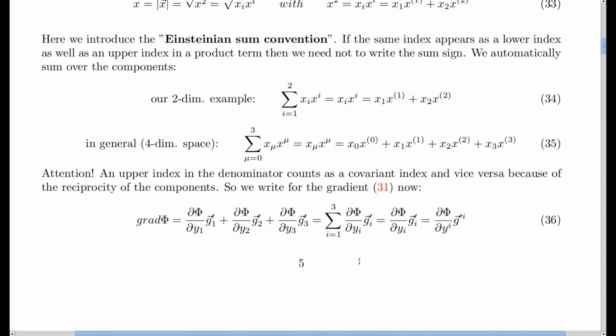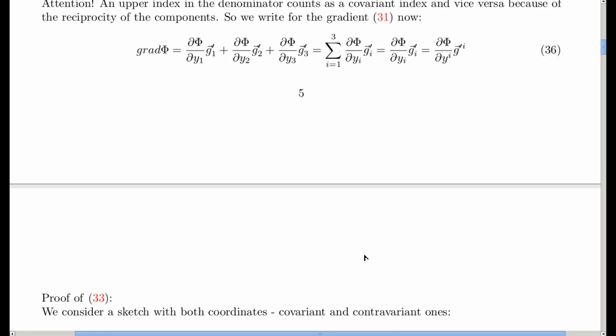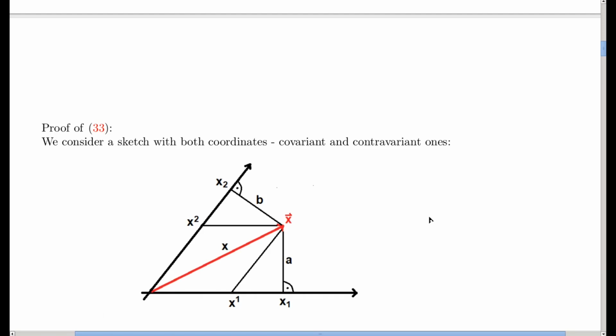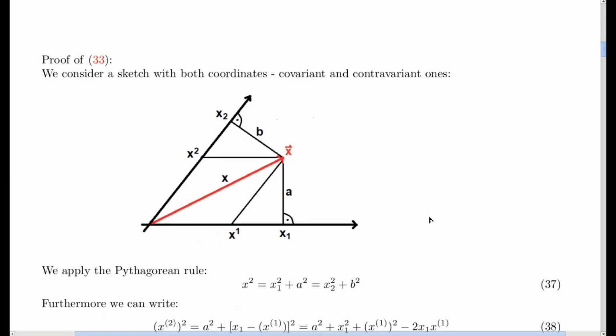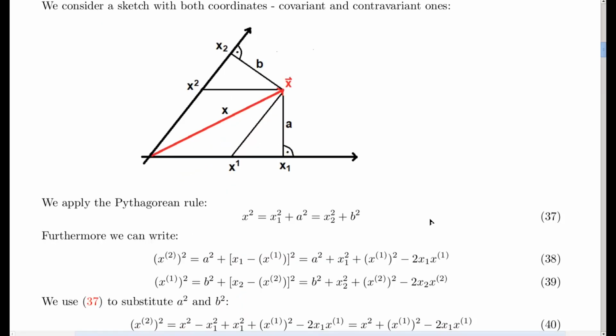So for this we put both co- and contravariant coordinates into one diagram here. Now we apply the Pythagorean theorem and consider the right triangle here with x the hypotenuse, then a, and here x1 covariant. Here we have a right angle.